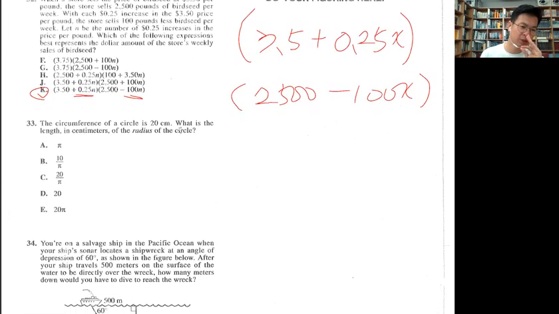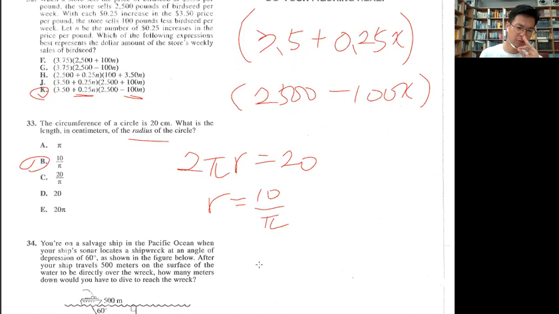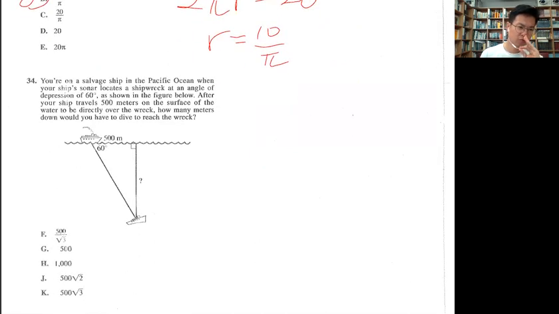Circumference of circle 20. So 2 pi r is 20. Radius r is 10 over pi. You're on a salvage ship.